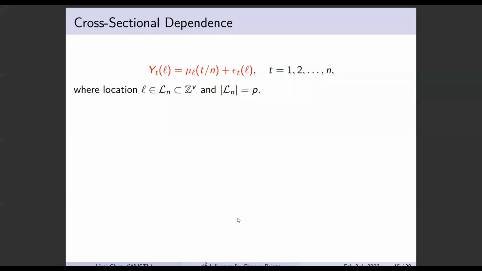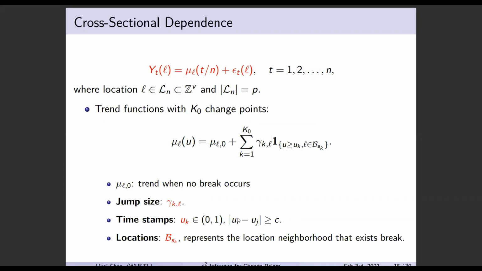And we observe at one location, so L is one sensor, and we observe over time T. So under this setup, the previous setting can be naturally extended to this model with this location parameter L. So still we have this trend which can be decomposed into a smoothly varying part and the break part. So here gamma KL corresponds to the break at location L at time UK. So this is just a counterpart of the notation for the break detection.